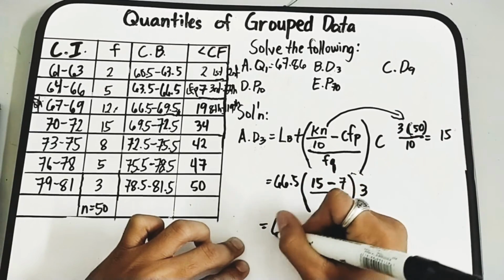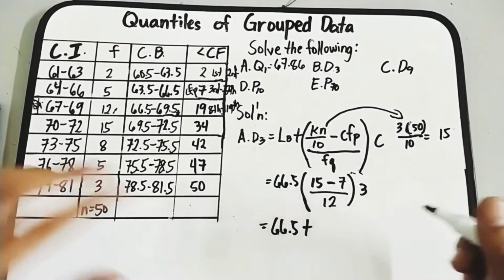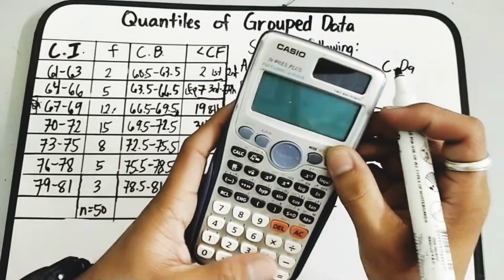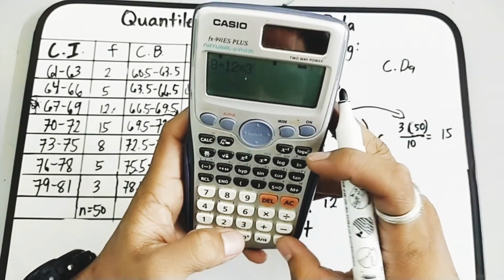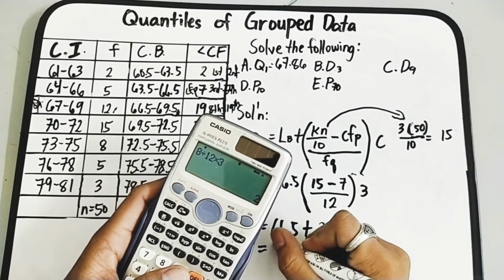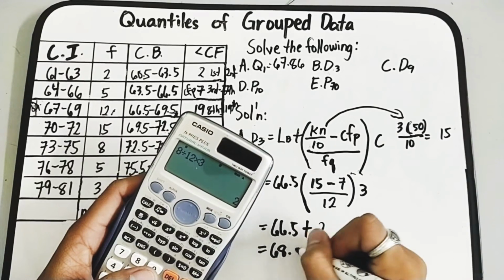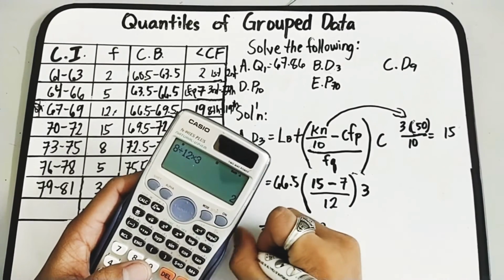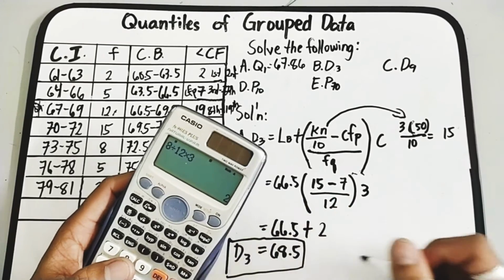So we have 66.5 plus, okay, we have 8 divide 12 times 3. The answer is 2. Therefore, our decile 3 is 68.5. Okay, decile 3. Ito po ang ating decile 3.